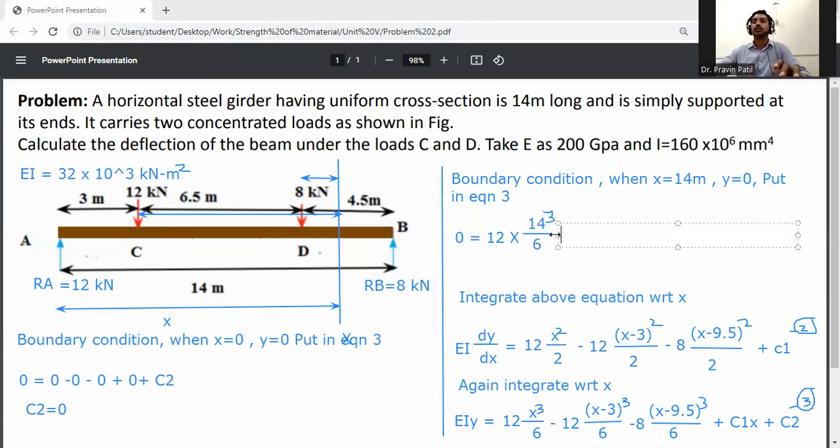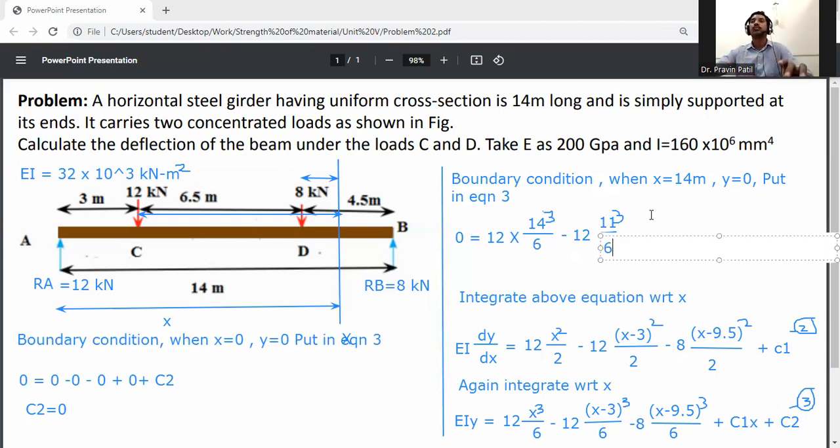Then minus 12 into 14 minus 3, it will be how much? 14 minus 3 it will be 11 cube, 11 cube divided by 6.